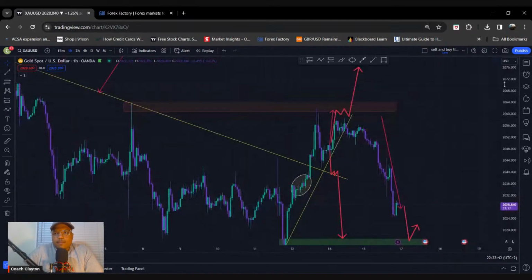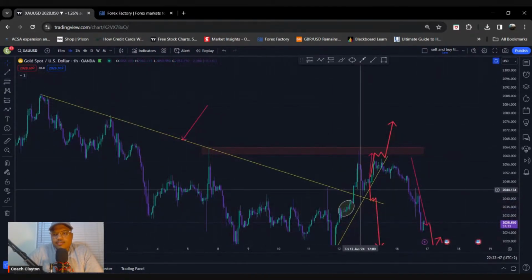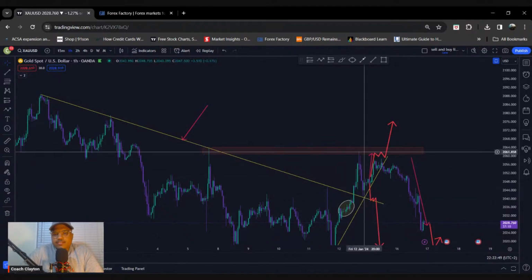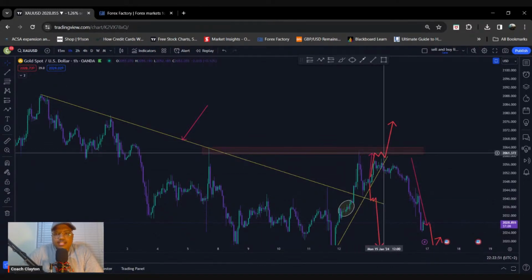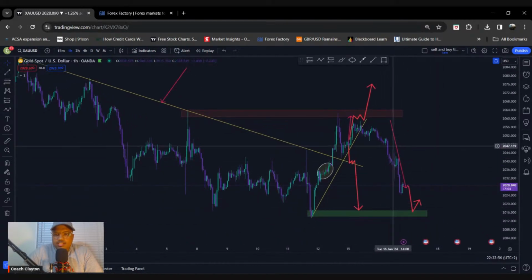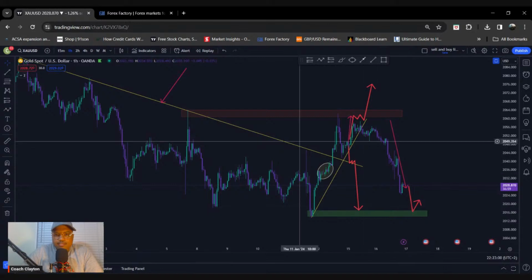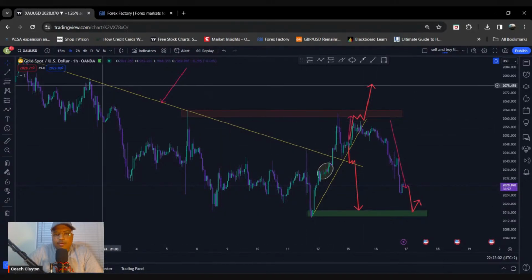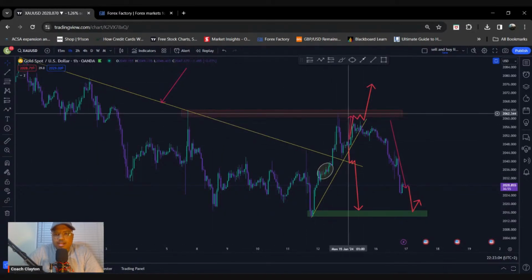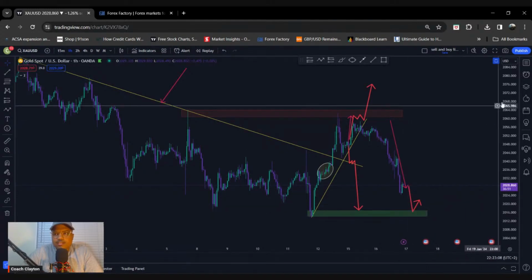So, number one, we have seen that price action broke this downtrend, reached a significant high, in this case a supply zone, and dropped again and reached this demand zone once again, right? So it broke this downtrend, reached the supply zone, dropped and is trying to reach this demand zone.